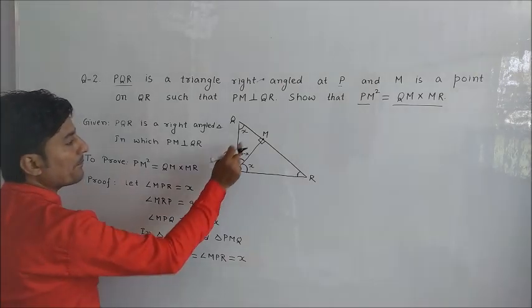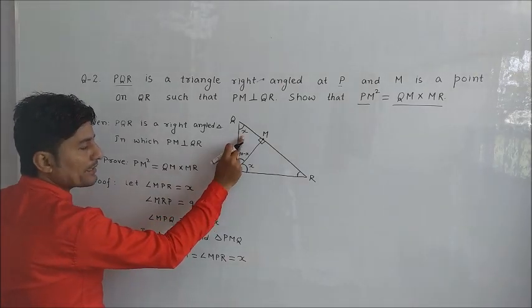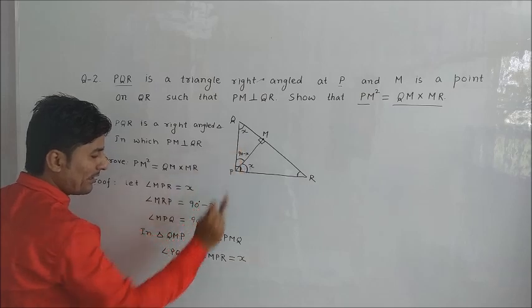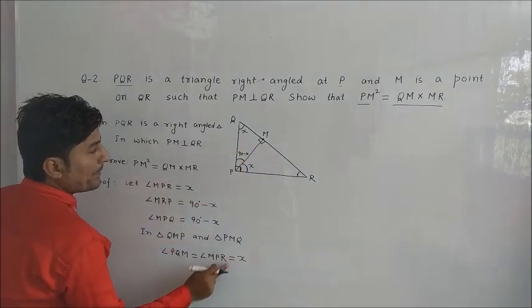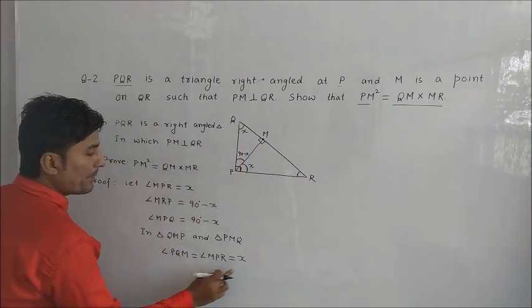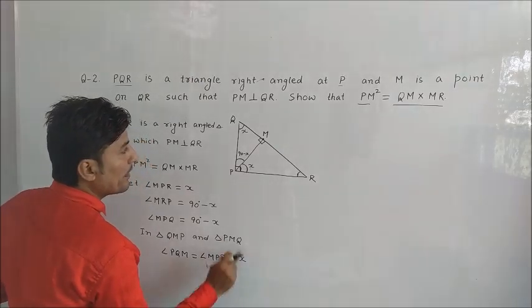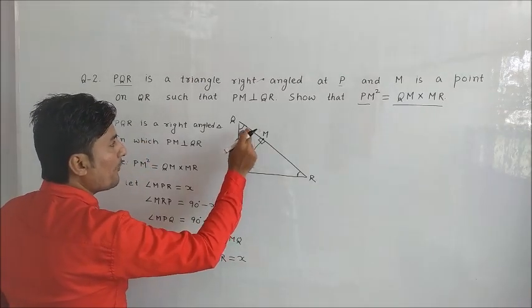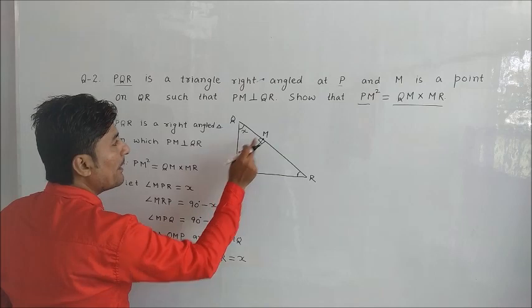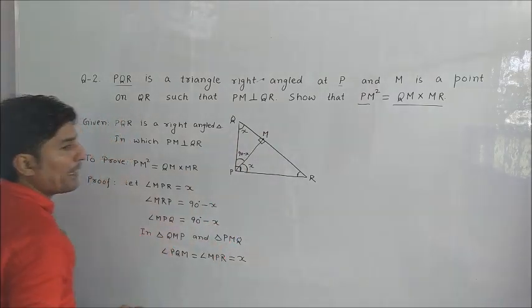Angle PQM, measurement of this angle I have calculated x. Measurement of angle MPR is also x. Both are equal because both are equals to x. Now in this triangle, measurement of angle MPQ is equals to 90 minus x.